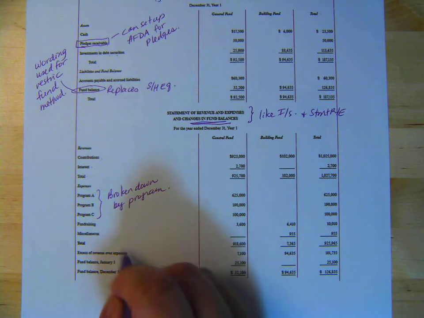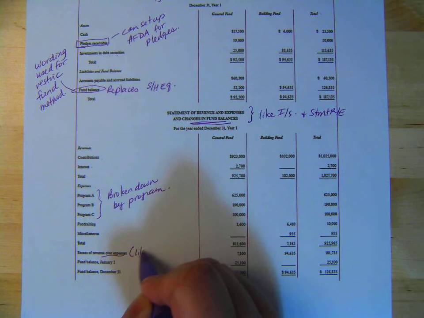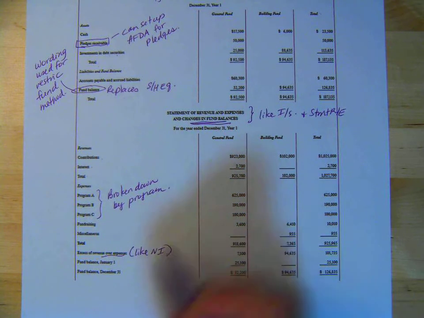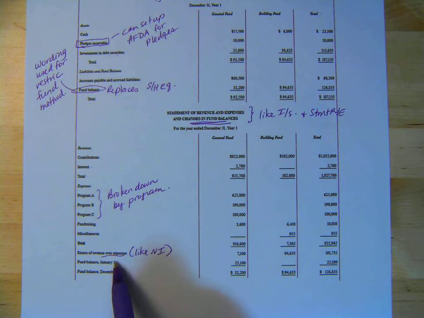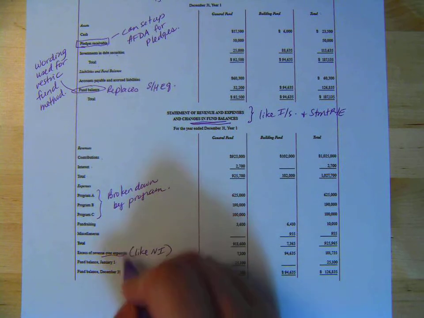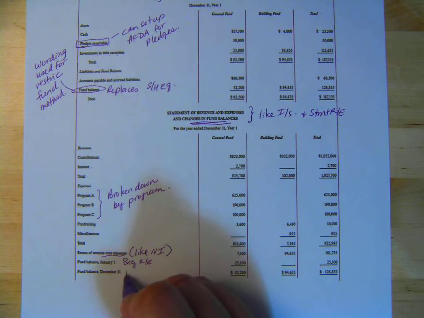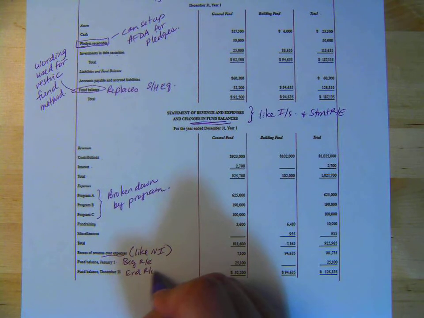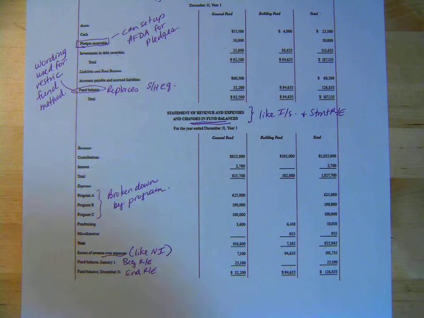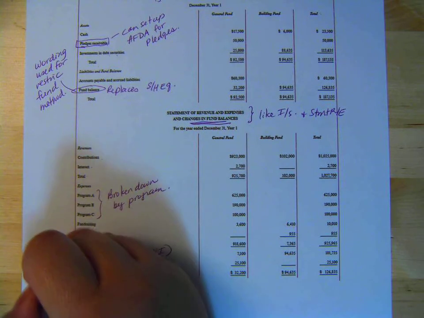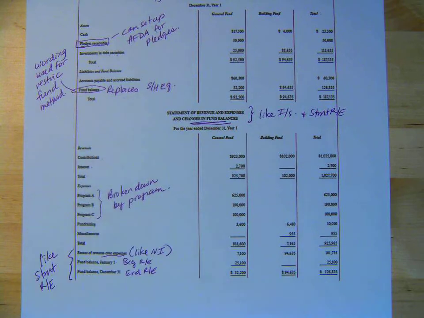So here's our excess over expenses, which is like net income. Then you have the fund balance from January 1st, so that would be like beginning retained earnings. And then you get ending retained earnings. So the format is different, but it's like the statement of retained earnings.